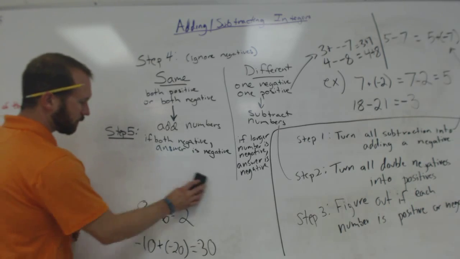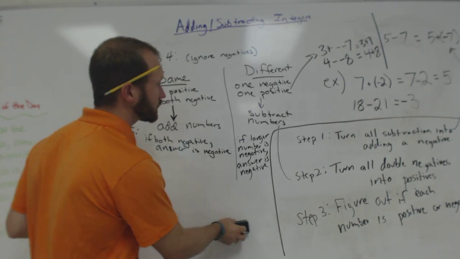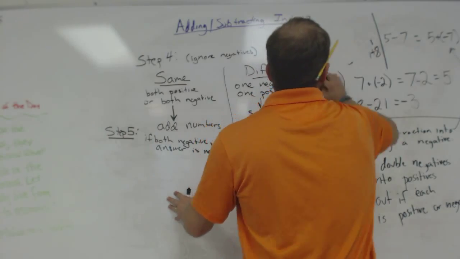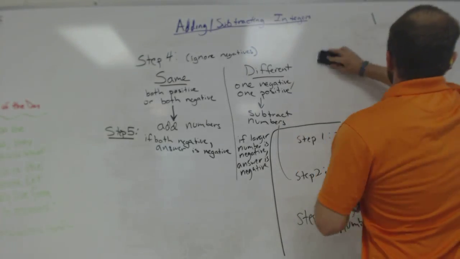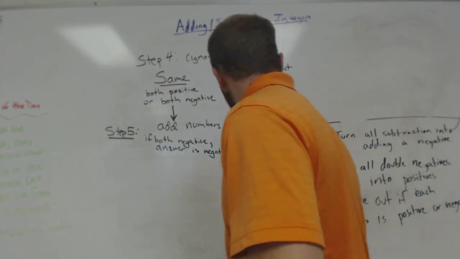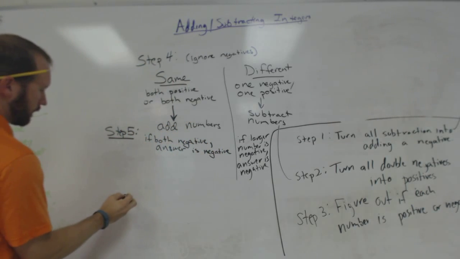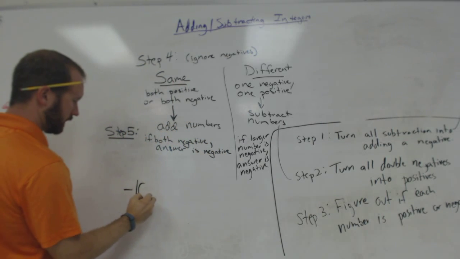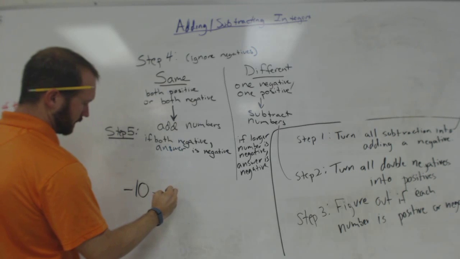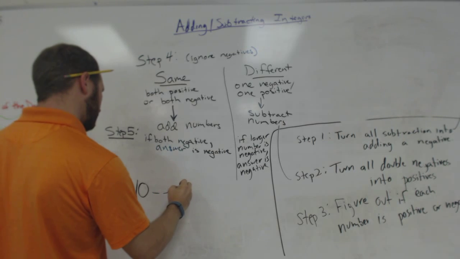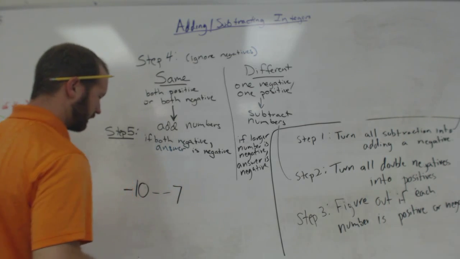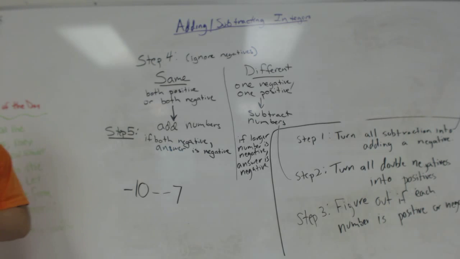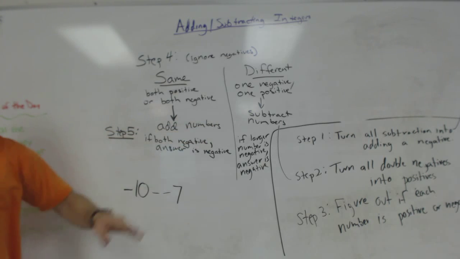Let's do one more example following these steps. Negative 10 minus negative 7. Okay. Step 1. Turn all subtraction into adding a negative.